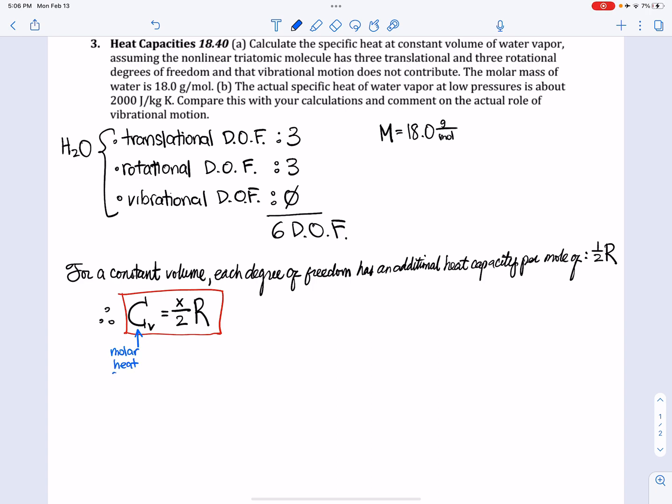This is the universal constant, R. And X is our degrees of freedom. Okay?